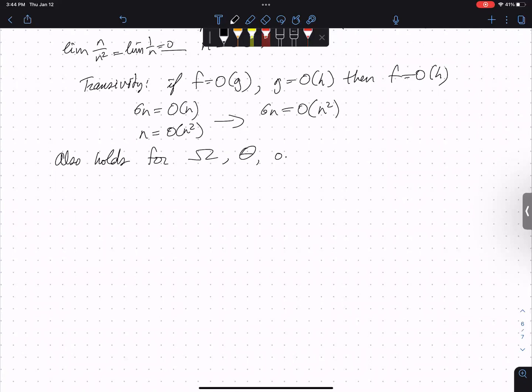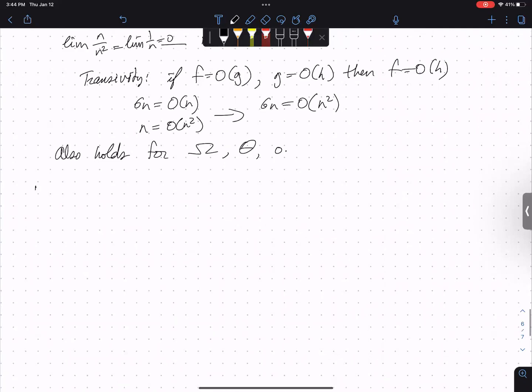Okay, now with these kind of things in mind, we can get into the rules of thumb. The first one is that leading positive constants don't matter.